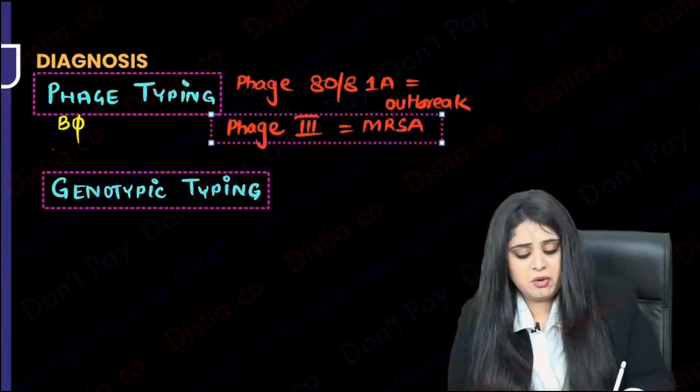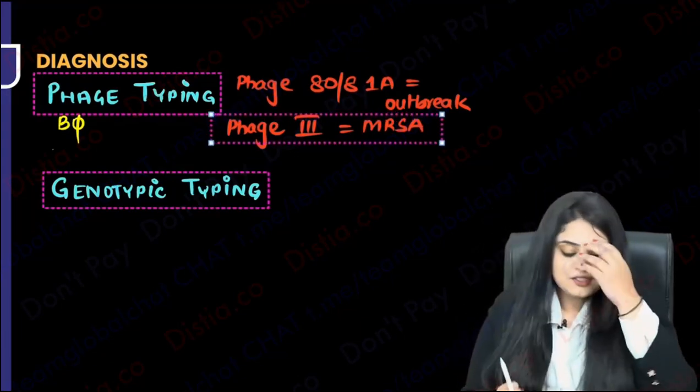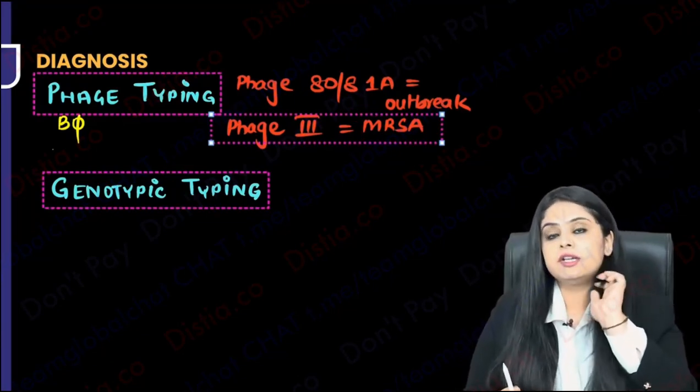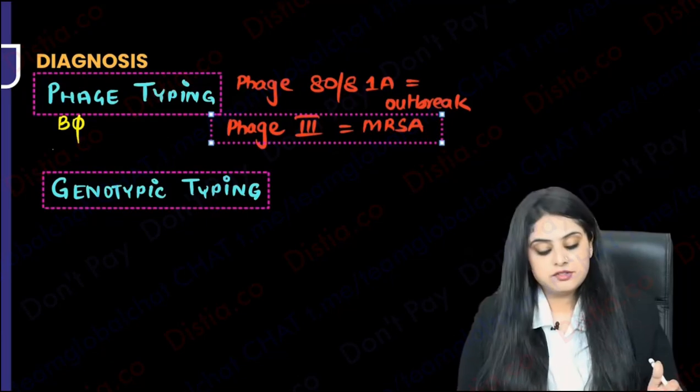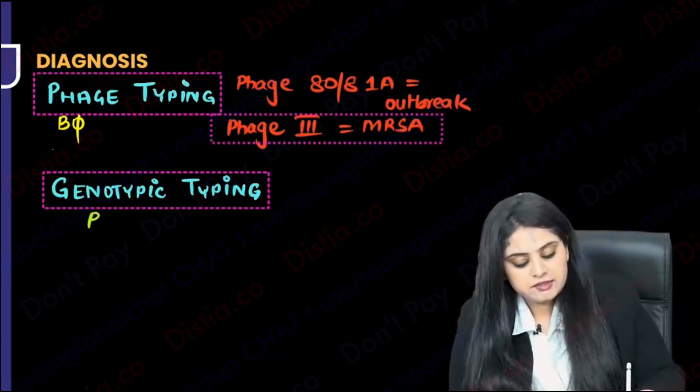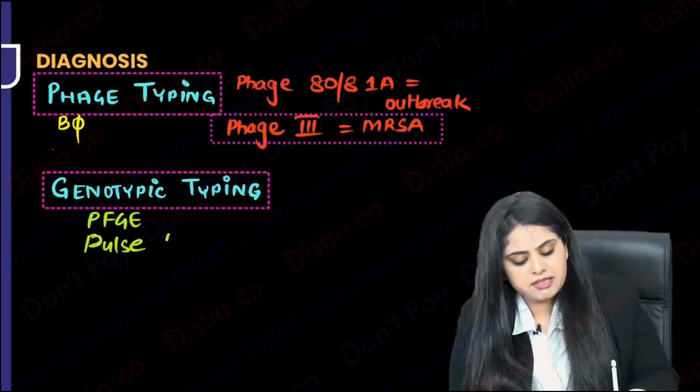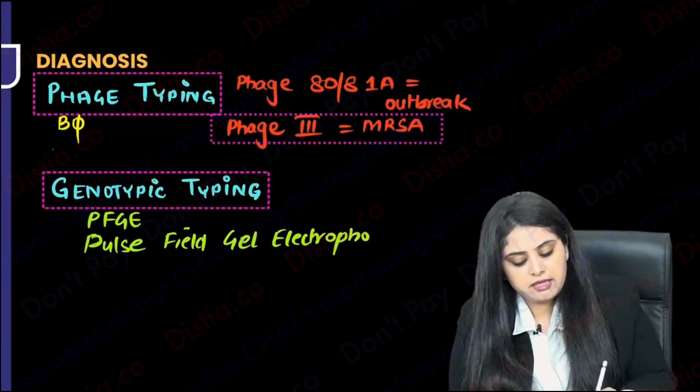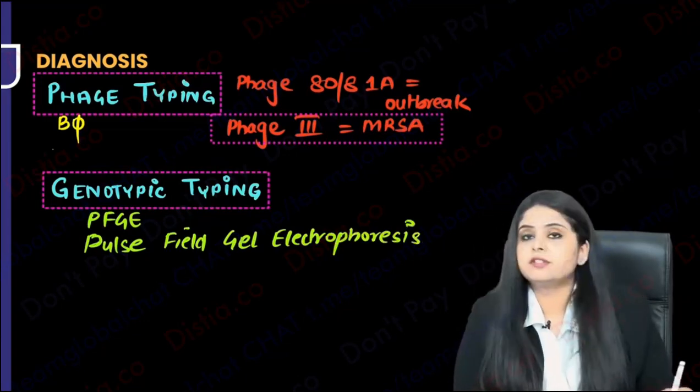I have not made any mnemonic because how many will you learn? So please remember, phage 3 is associated with methicillin-resistant Staph aureus. On the other hand, there are some genotypic methods also. There is a pulse field gel electrophoresis that can be used. There are many other methods which they don't ask you. But yes, pulse field gel electrophoresis is a genotypic method for typing the Staph aureus.